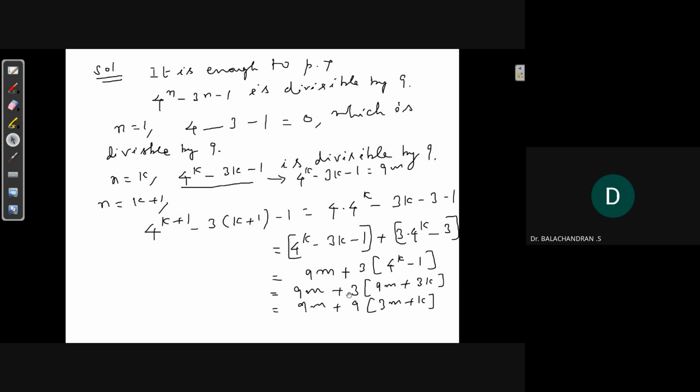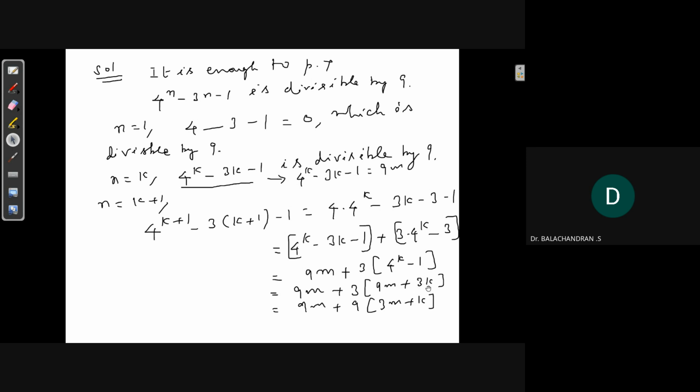So 9m plus 3 into, what is 4 power k? 4 power k is equal to 9m plus 3k plus 1. The minus 1 gets cancelled, so I get 9m plus 3k only.